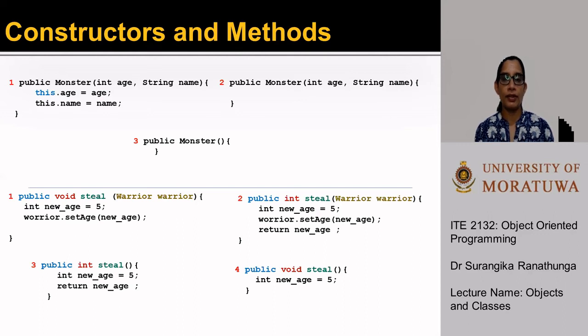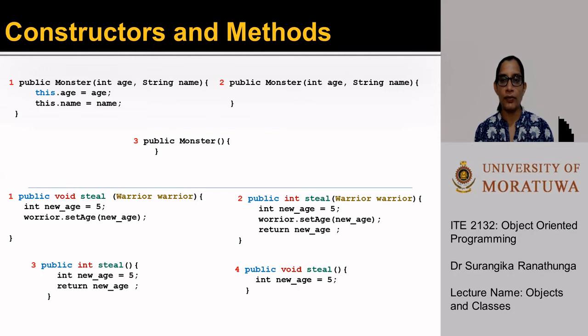Finally, the difference between constructors and methods. In the top part, I have given three different ways of defining constructors. The first one is the most comprehensive one, where we give the parameter values through the constructor. These parameter values are used to initialize the attributes of the Monster class here.